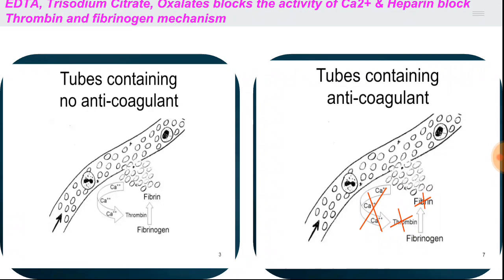Thus, the calcium ion is hampered by EDTA, trisodium citrate and oxalate anticoagulants, and blood coagulation is hampered. On the other hand, the fibrin and thrombin activity is diminished by heparin and hirudin. In this way, anticoagulation can happen.